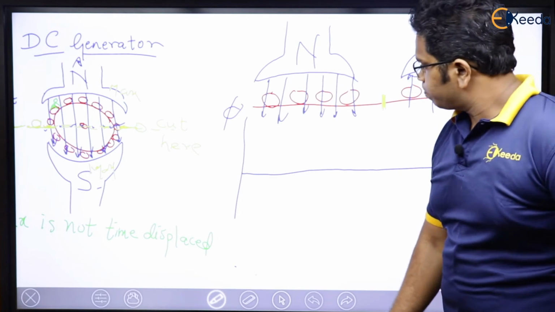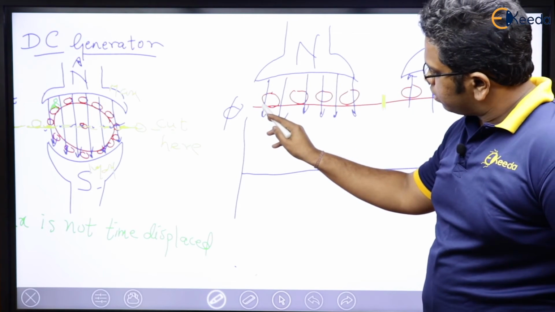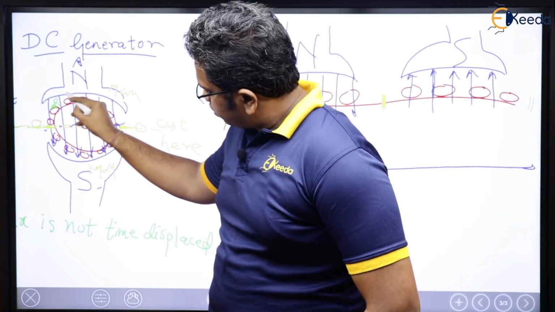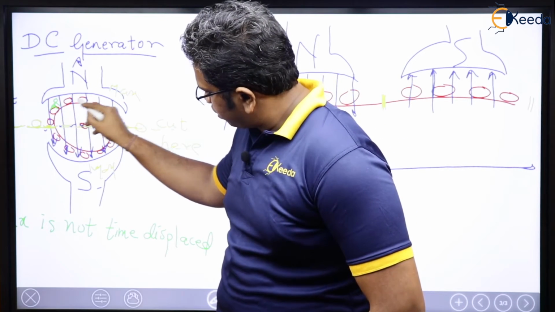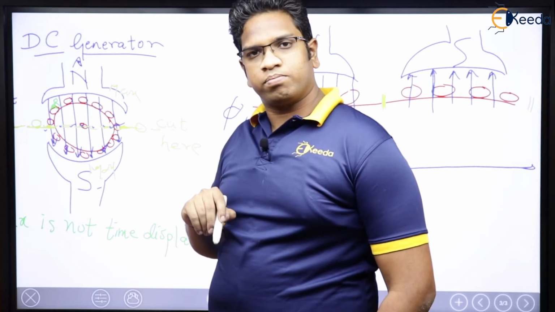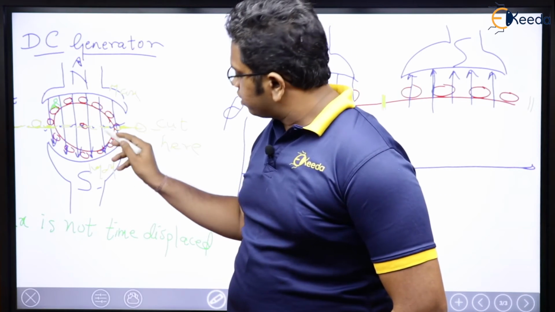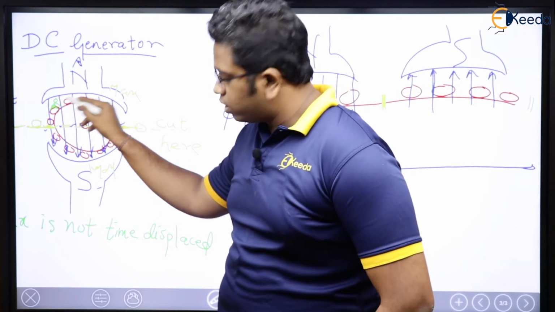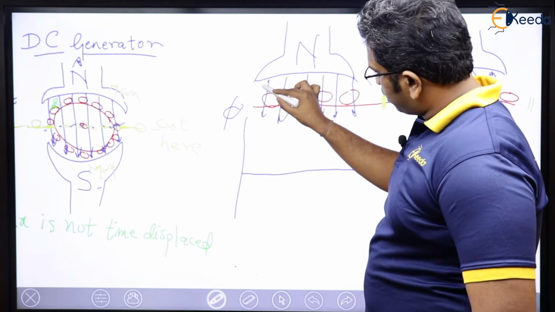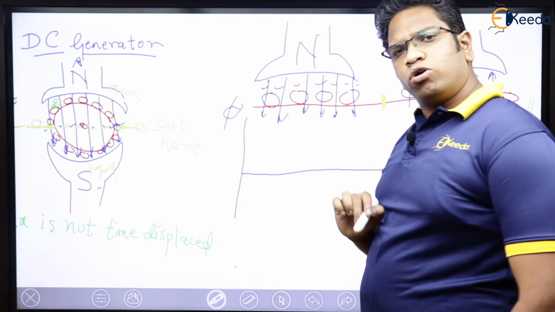Now see, very important. If you see, this flux is going to be constant. The way this structure is, the same way this structure is, and if you observe, everywhere here reluctance is going to be the same, because this is also a circle and this is also in the same form of a circle. So reluctance here, here, here, here is going to be the same.